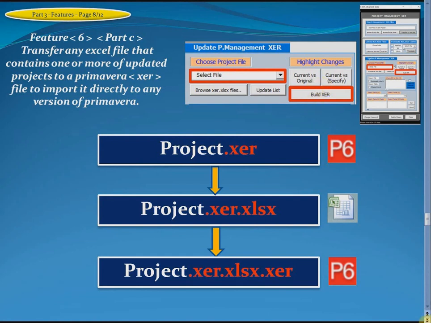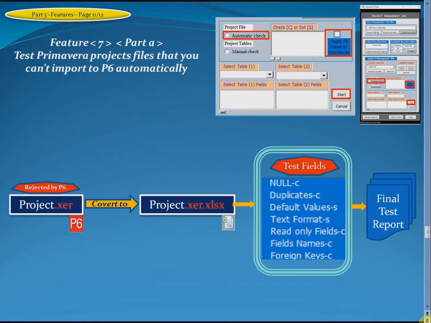Feature number 7, the project file may be rejected from Primavera due to certain errors in this file. The XER Magic tool in many cases can test the file and detect these errors, which may be the reason of the project rejecting. The test process is either done automatically or manually.